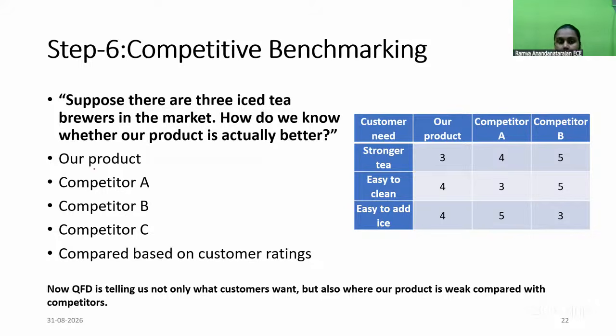So this is step number 6, that is competitive benchmarking. Our product will be compared with the existing competitors in the market, and we will do the rating based on the customer ratings. So once we do that, we will know where we need to improve and where we are already good. So our strengths and weaknesses can be understood by going for competitive benchmarking.